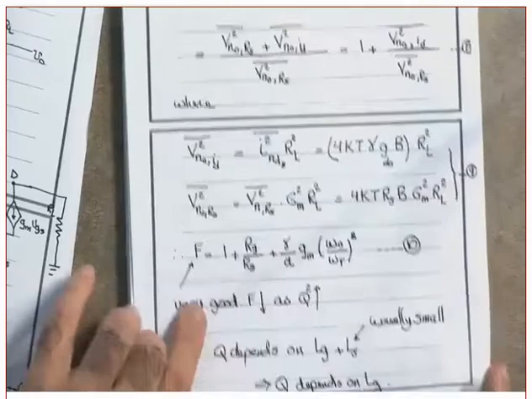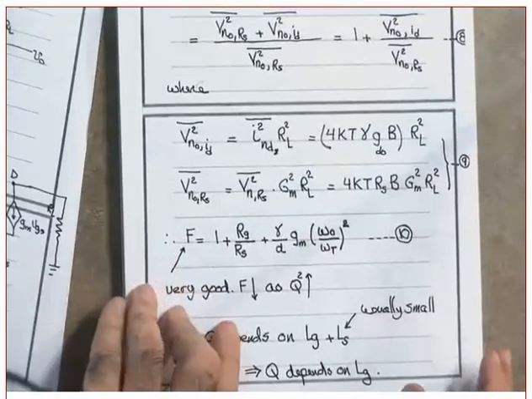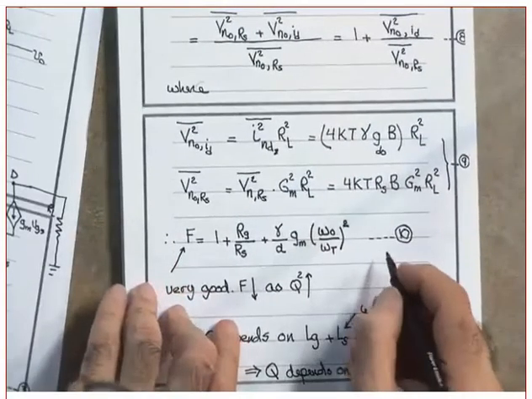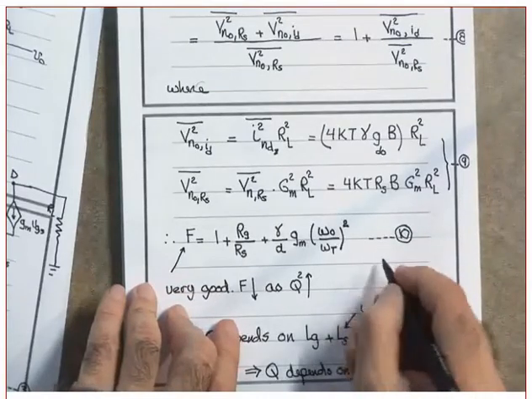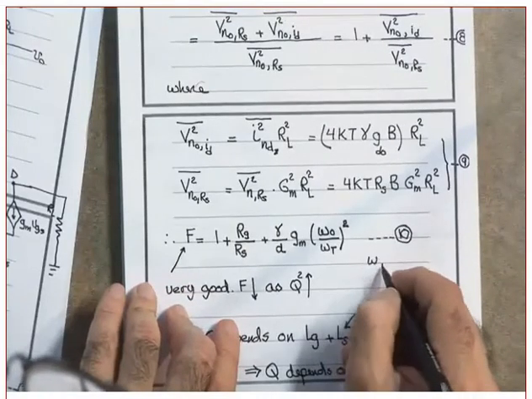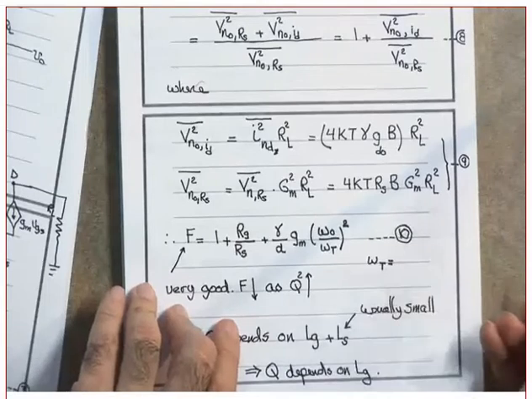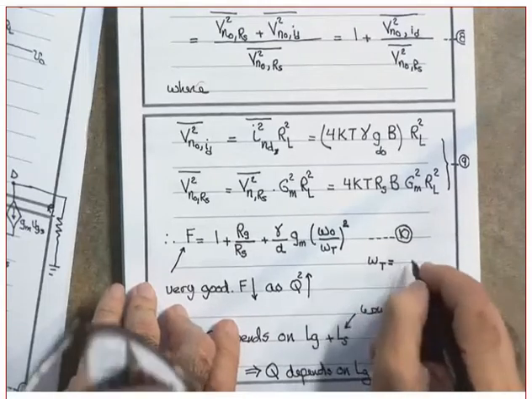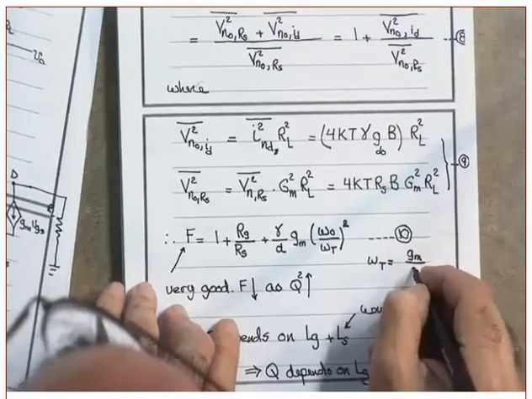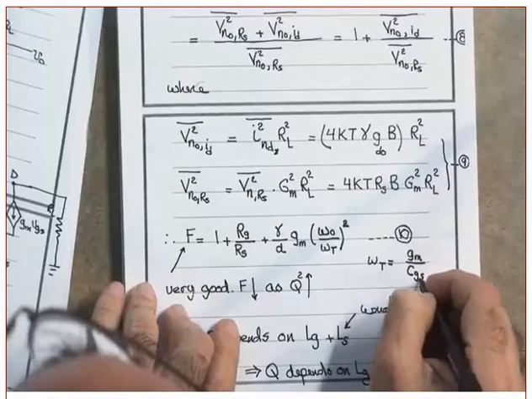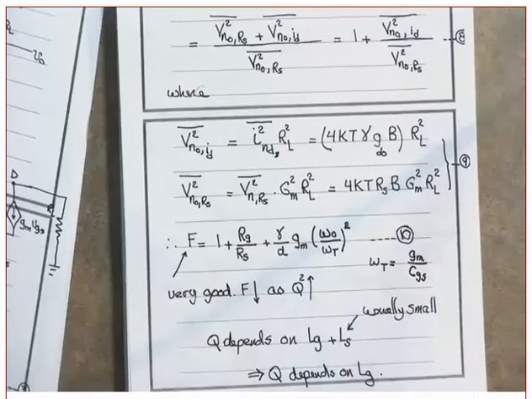Clear? No response. Clear? Do you remember what omega T is? What is omega T? Still waiting. It's GM over what? Clear?